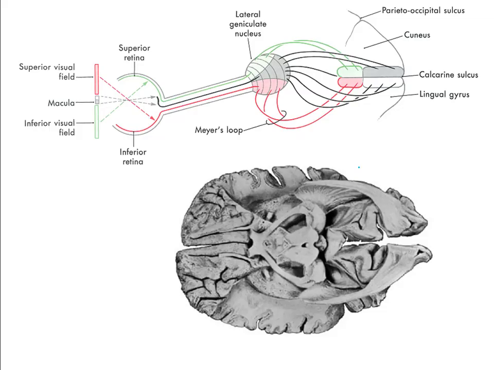So as we watch the optic fibers go back, they have this broad sweep. This is called the optic radiation. So we had an optic nerve, an optic chiasm, an optic tract, and an optic radiation.